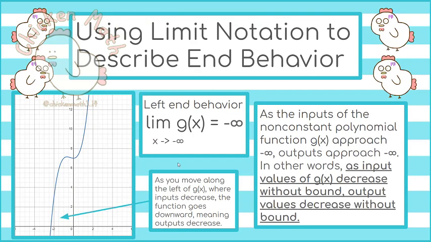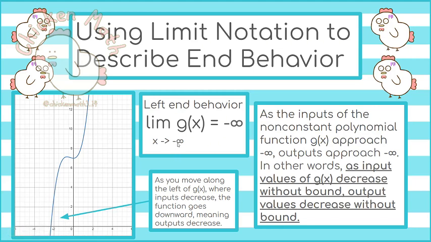All right, so here is what we were talking about last slide. Right here, we have g of x on this graph, and we have x approaching negative infinity. This is called the left end behavior because we're looking at the left. On the left, the graph is going towards negative infinity because that's our negative values on our graph.